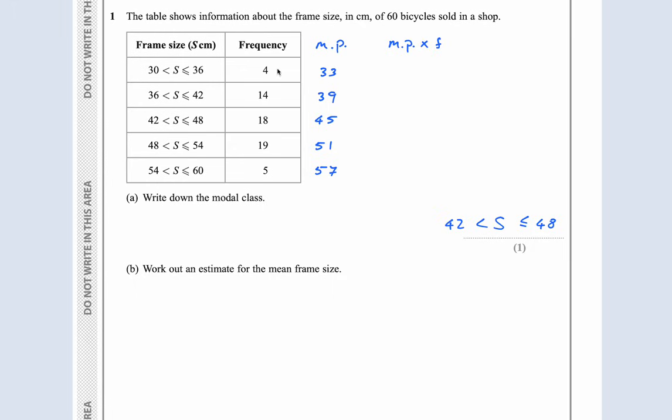So I just multiply this times this. That's 132. 14 times 39.